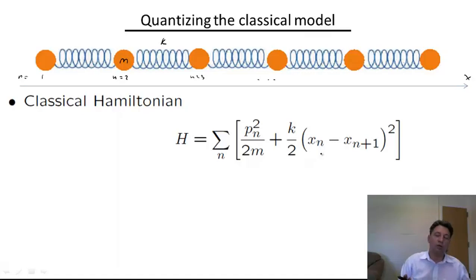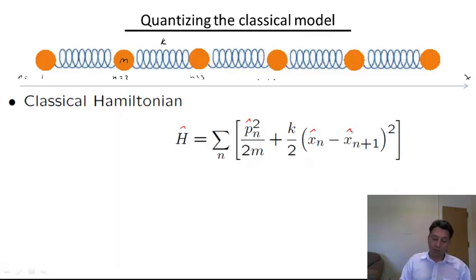So it's essentially the same Hamiltonian we had before, but now just for a single species of atoms. Now, to go to the quantum problem, we need to quantize this Hamiltonian. We need to make it quantum. So how do we do this? Well, it turns out that it's very easy to do so, as easy as it was in the case of a single harmonic oscillator. All we have to do is put hats on top of H, p, and x.